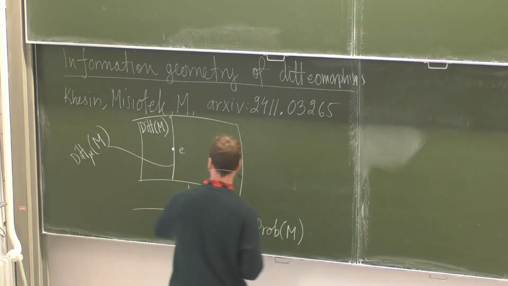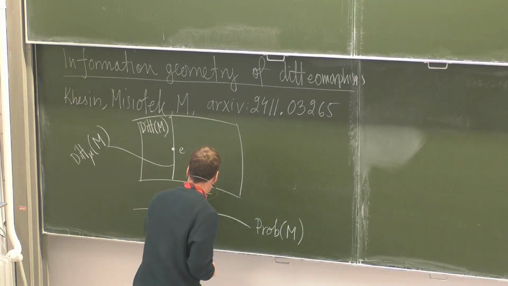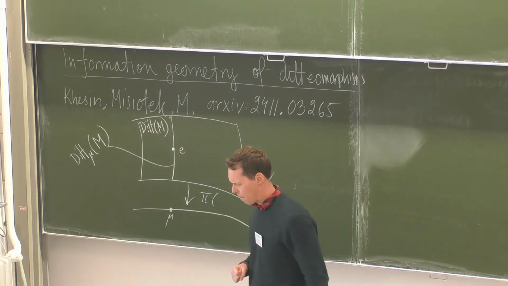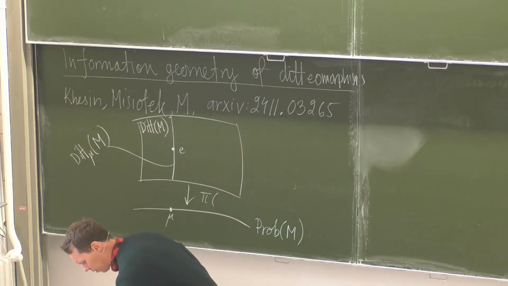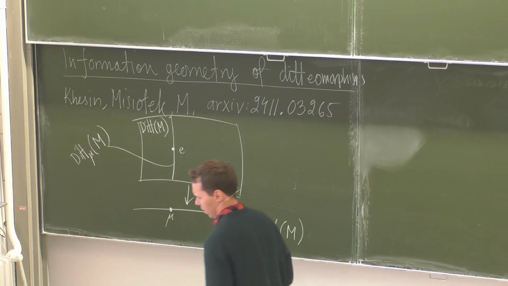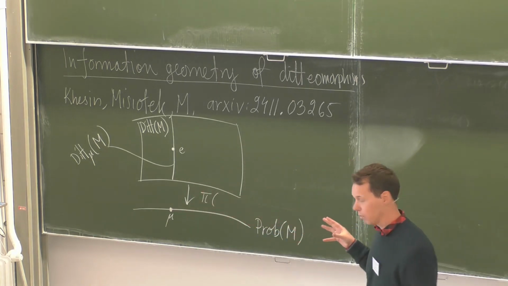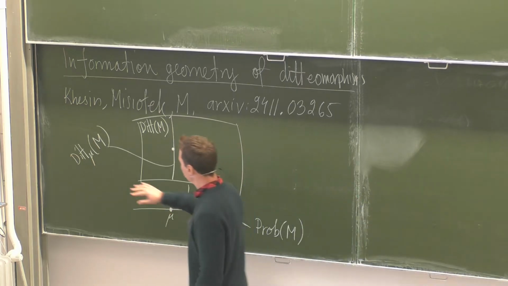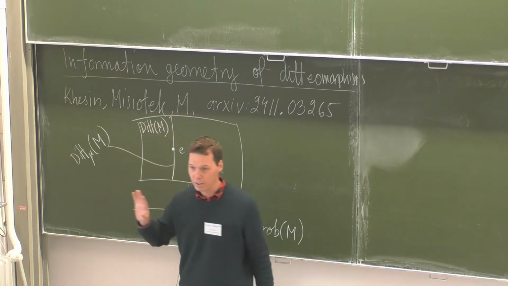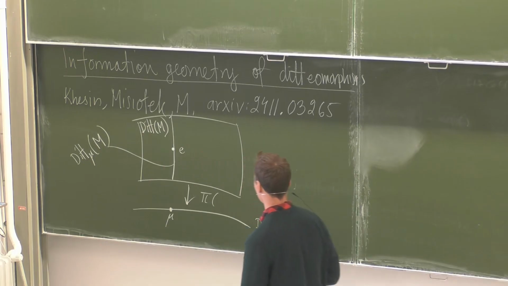Okay, so let's start now. Let's take the action from the right. So we take the action of Diff_mu on Diff from the right. That will be our quotient.